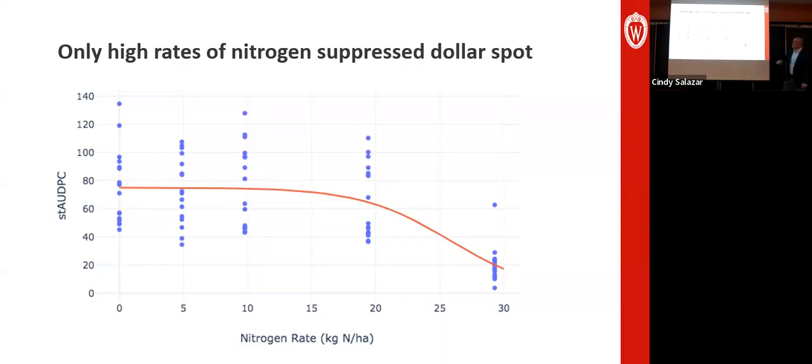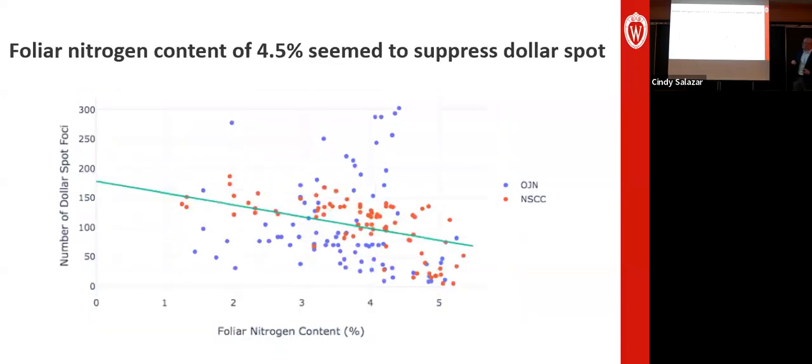So really, the point is what is the mechanism of this nitrogen, and why do we see this huge cutoff from this 4 pounds of N per 1,000 square feet up to the 6 pounds of N per 1,000 square feet? We also looked at foliar nitrogen content of the leaf blades. We did a study at 2 locations.